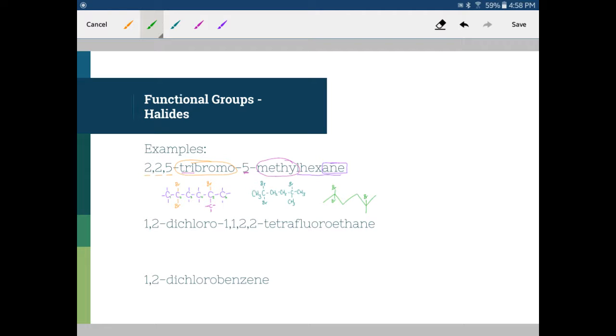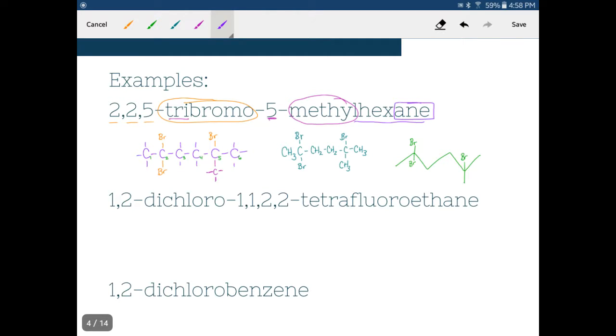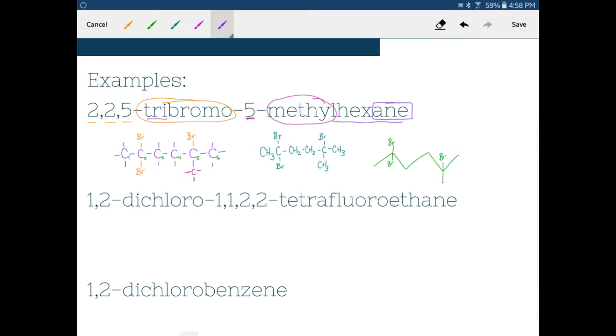Let's take a look at our second example. Oops, here we go. So same concept. We have ethane. Okay, again, it's saturated. It's no double bonds or anything in there. And we have a lot of stuff to look at here. We have 1,1,2,2-tetrafluoroethane.